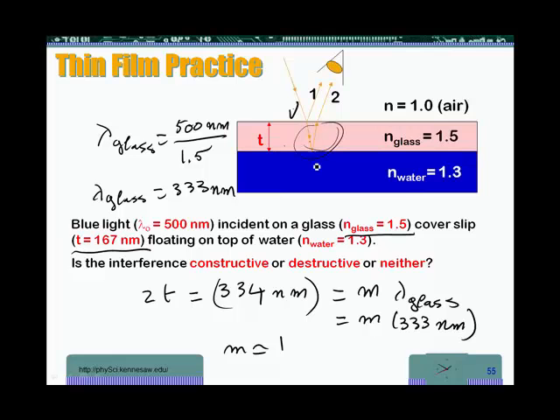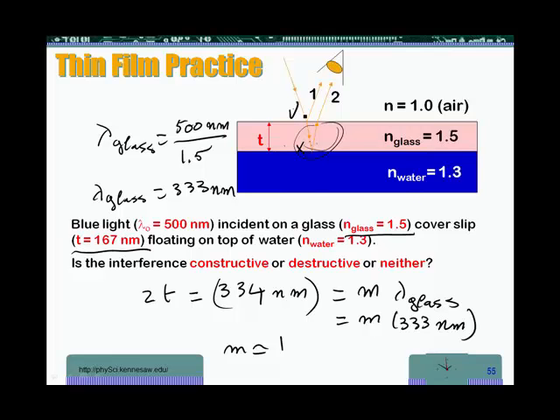Here, when I move from glass to a lower index of refraction, the light is going to speed up. If it's going to speed up, I don't have a phase change.